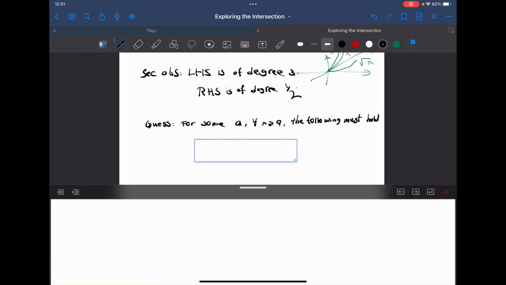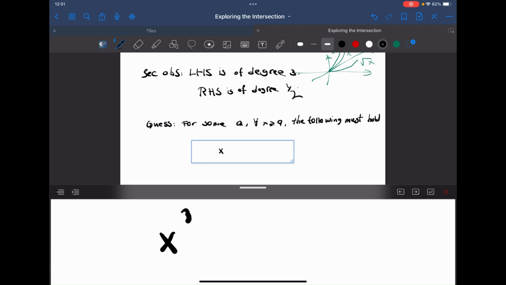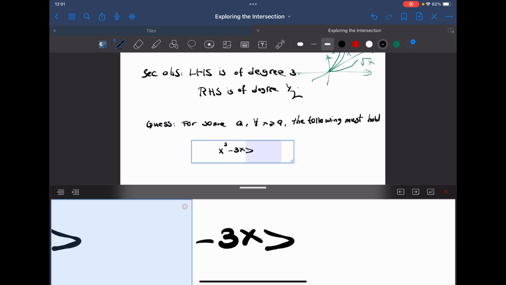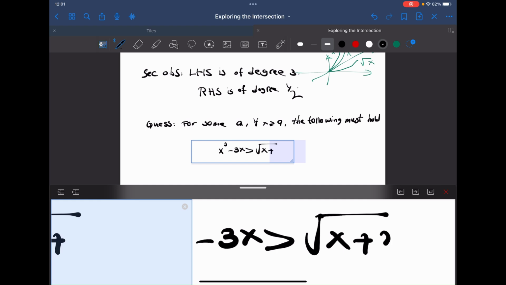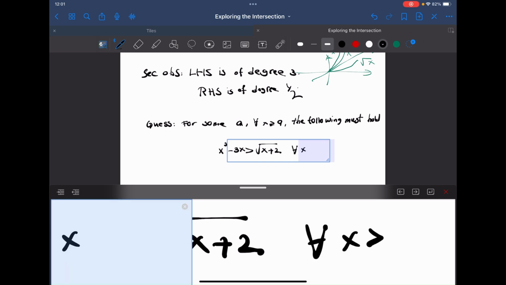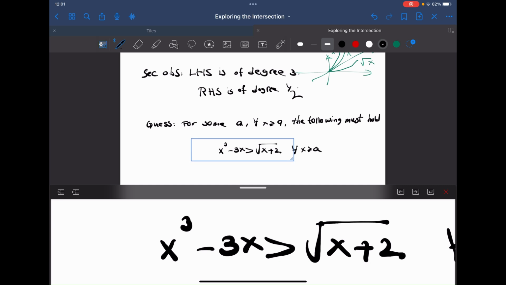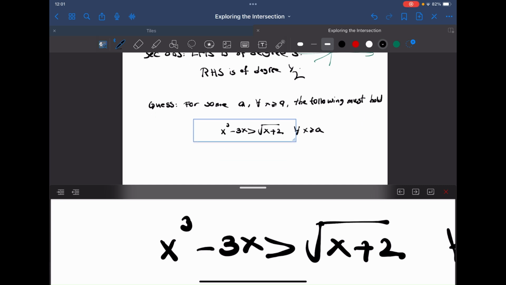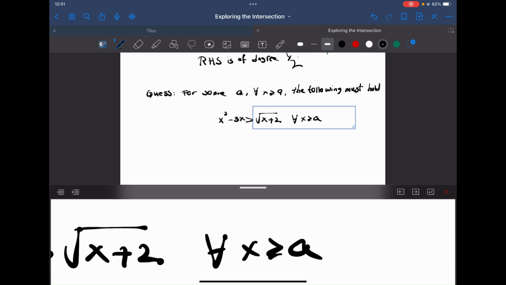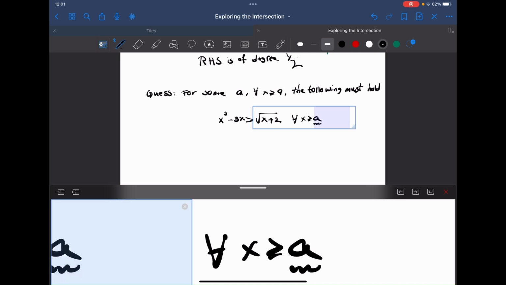And the claim is x cubed minus 3x is larger than root of x plus 2. So I'm saying that after some threshold, we must have the left-hand side always larger than the right-hand side. And the question is, what's a good value for A?